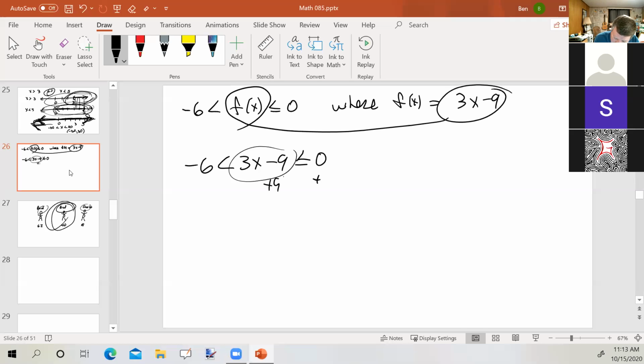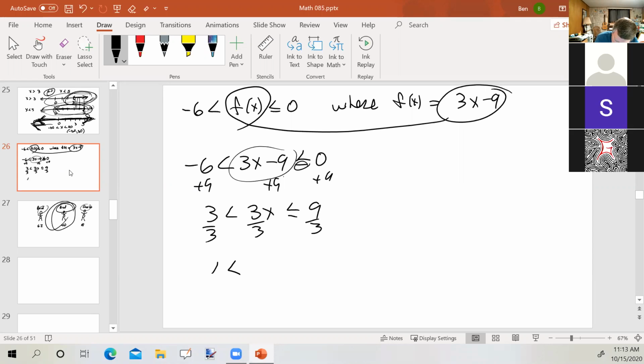I'm going to add 9 to all 3 pieces. Be careful when you recopy things. It's easy to forget the equal part below the less than, things like that. What do I need to do next here? Divide by 3, all 3 pieces.